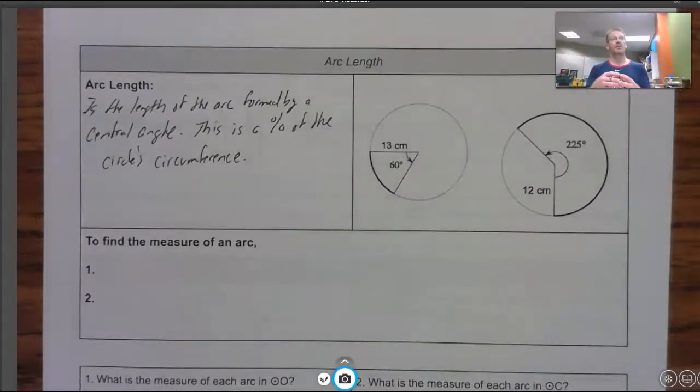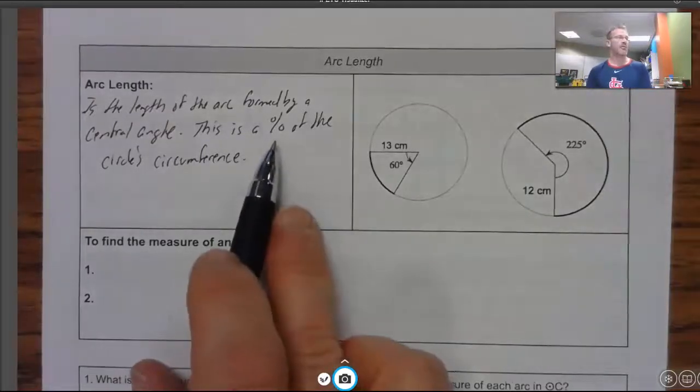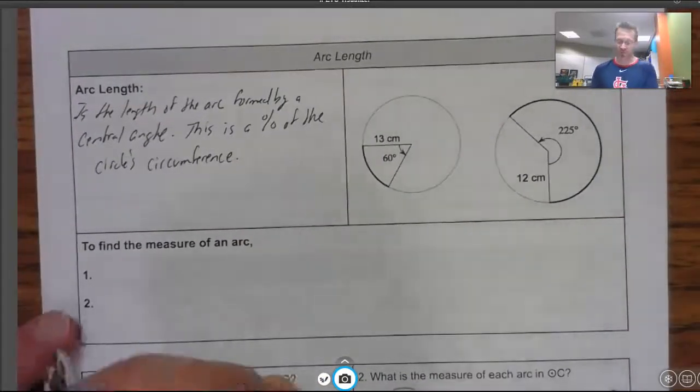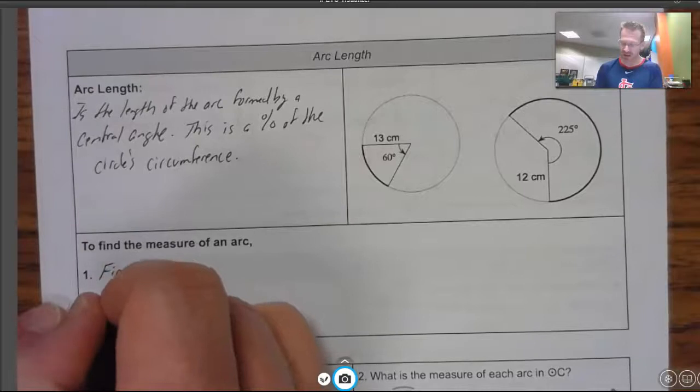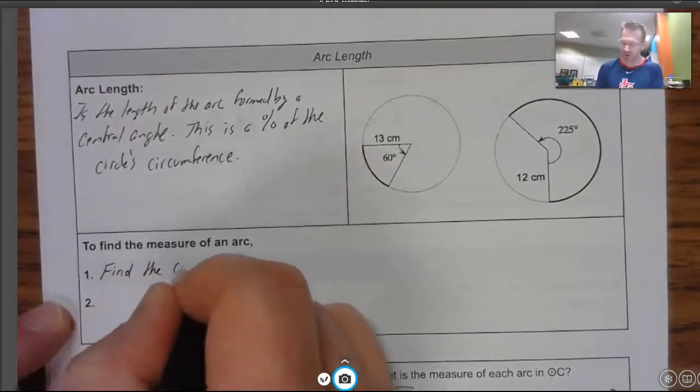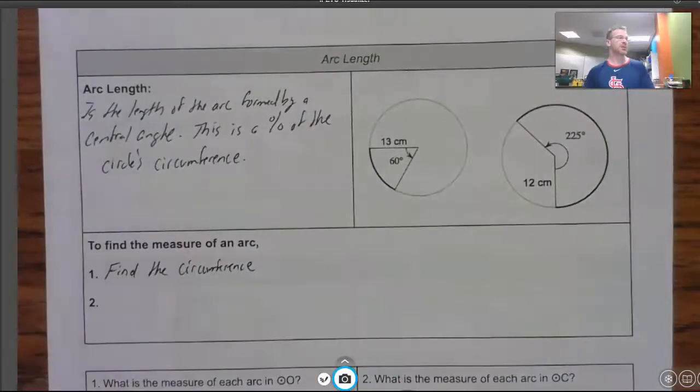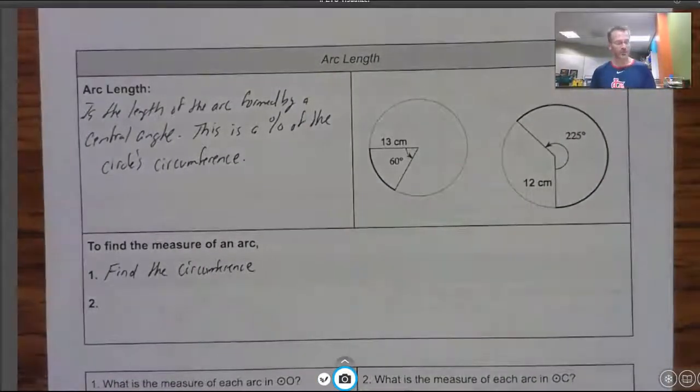Then we have to think about how the central angle represents a part of the circle. That central angle out of 360 is going to give us the percentage of the circle that we're talking about. So to find the measure of an arc, the first thing we have to do is find the circumference. We have to know the entire distance around the circle first.